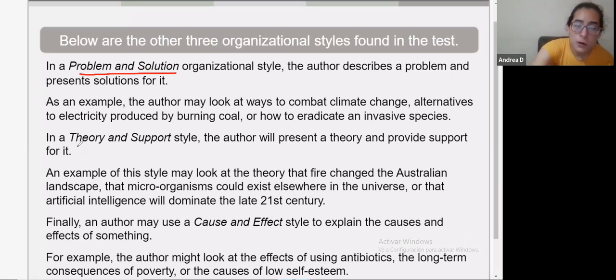Or theory and support, or theory and evidence. Charles Darwin's theory of evolution and evidence supporting that theory. Or cause and effect. The effects of pollution, or the effects of, I don't know, like an economic phenomenon. So try to understand what type of lecture it is, and that will help you big time when taking notes.